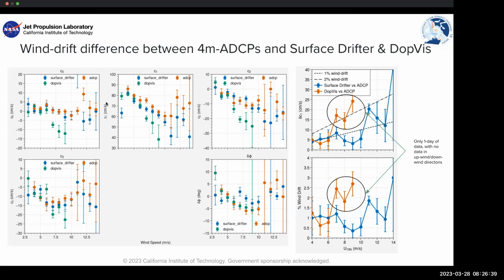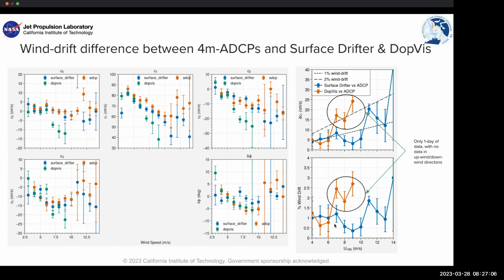And also in the dominant component is where you would expect to see wind drift differences between the surface drifters and the ADCPs, or DOPVIS and the ADCPs. So if we take a look at the difference in those fitting coefficients and the reference 4-meter ADCP velocities, we get something like this.